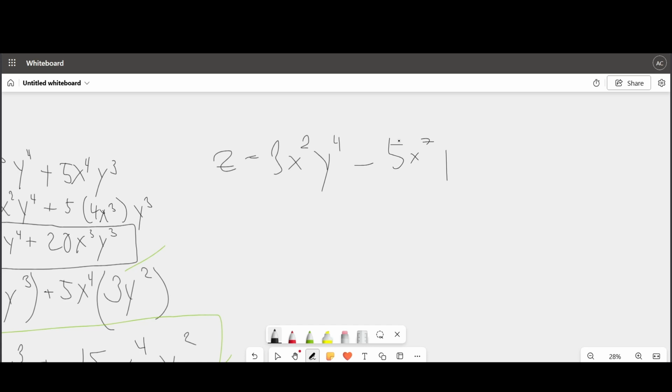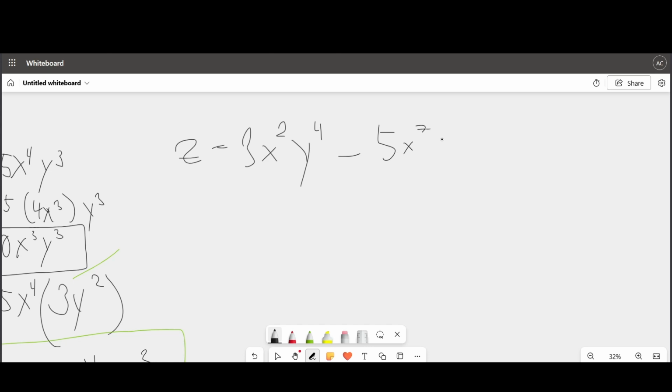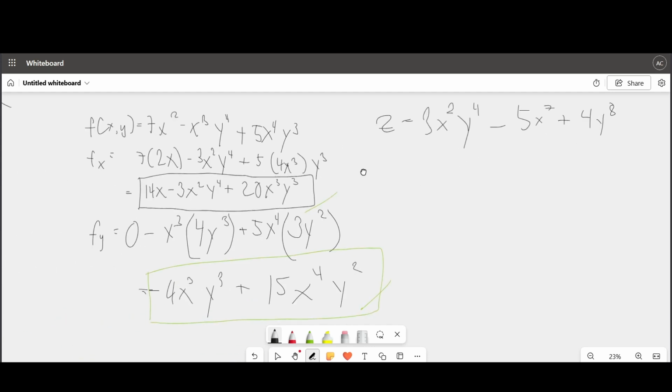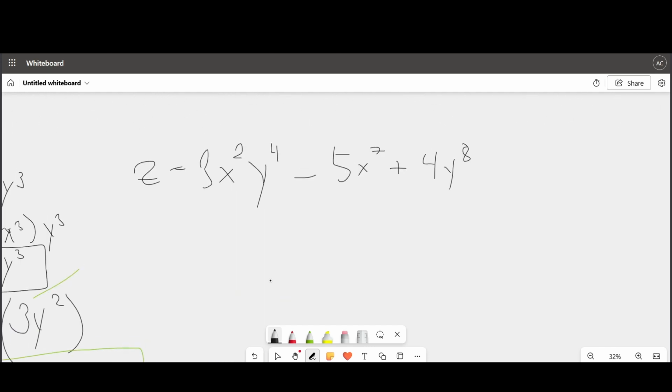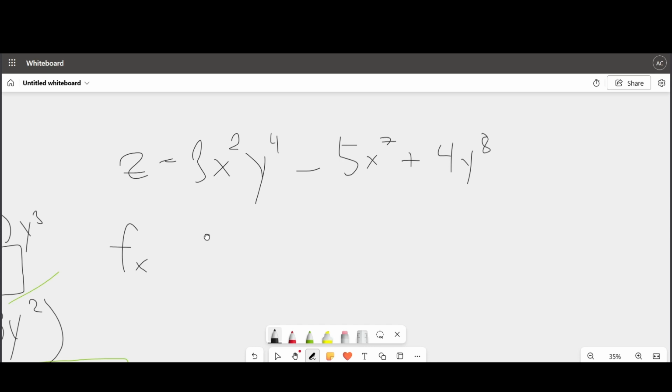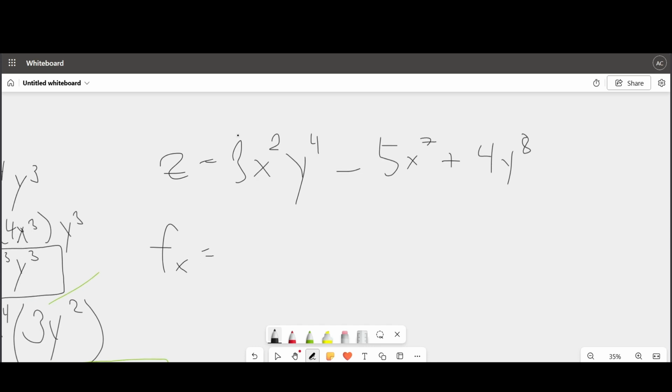Just going to find the function in respect to x and y. Again, plus 4y to the power of 8.